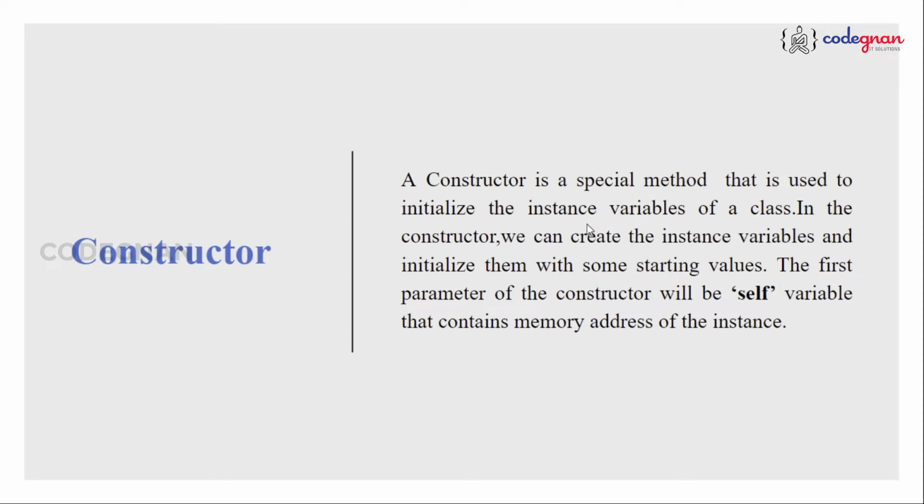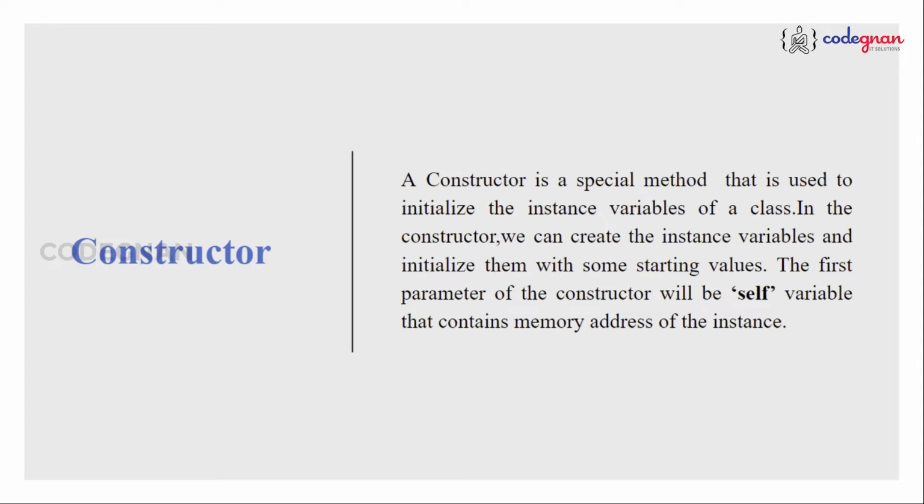Because we'll be understanding what are the variables we declare in the class and what are the types of methods which we are going to discuss in the further videos, which can be instance methods, class methods, static methods. Generally when we are writing dunder init, the first variable will be self, because that contains the memory address of the instance. So to make it more convenient, why can't we take a simple program and just work on it, right?